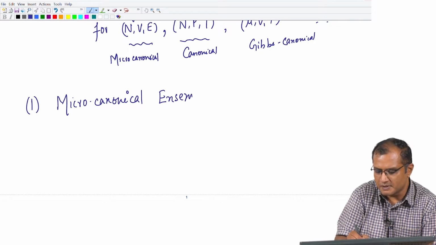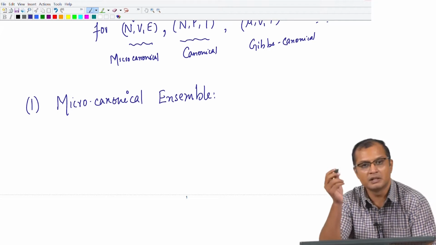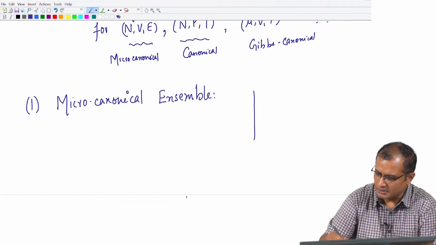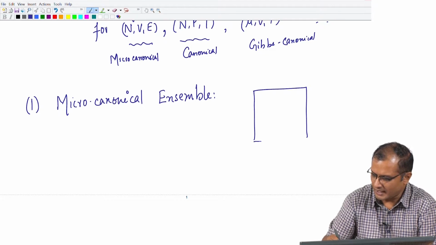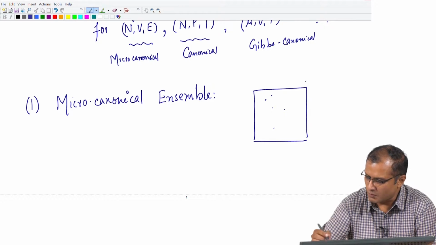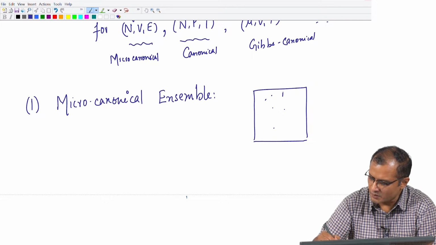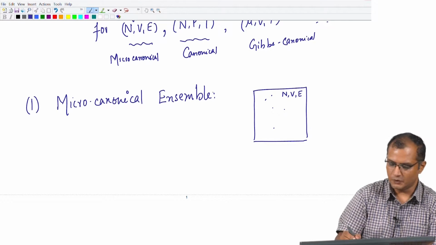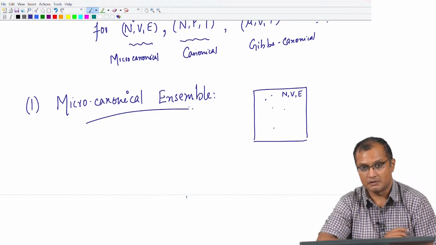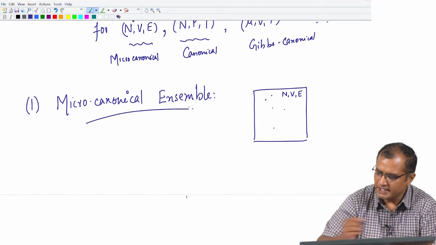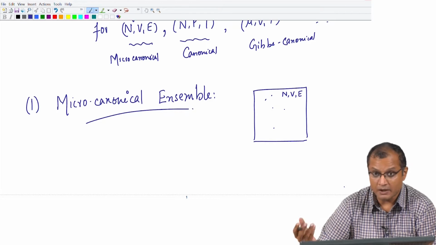The prototype system for each of these ensembles will be a gas in a box. I am going to take, for example, an ideal gas in this box, with N particles, volume V and total energy E. This is going to be my microcanonical ensemble, and as I said, NVE represents a macrostate here.